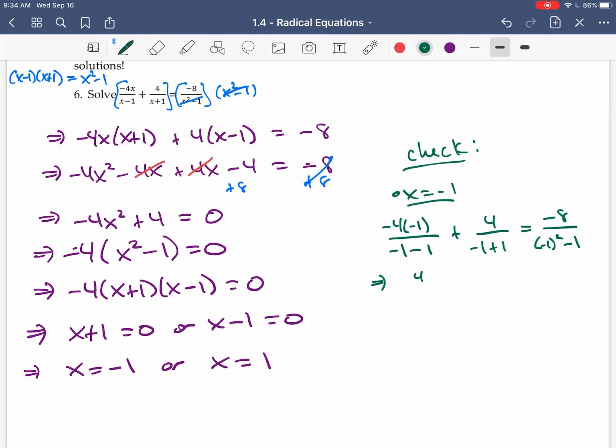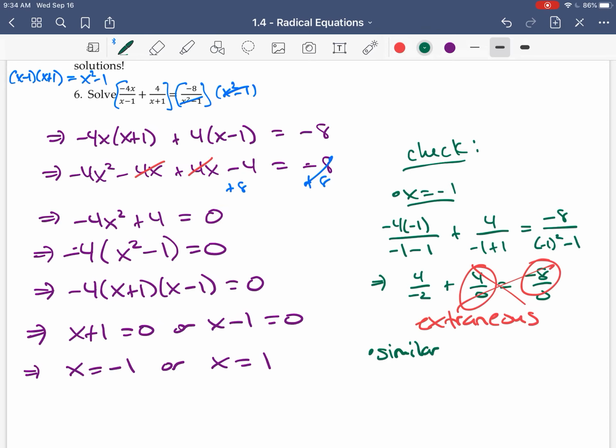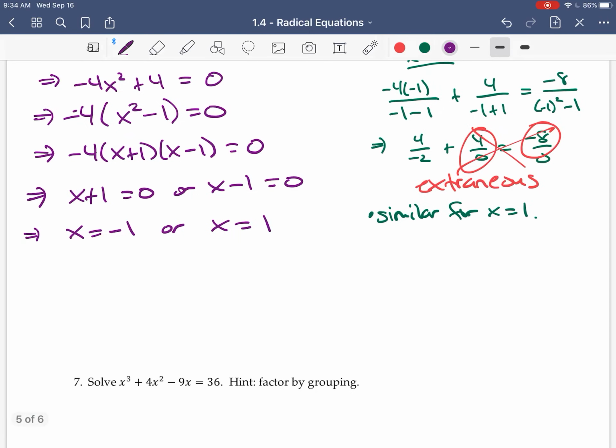So this is 4 over negative 2 plus 4 over 0 equals negative 8 over 0. So these things are bad. This one is extraneous, and it's similar for x equals 1, so I'm going to leave that for you. So this has no solutions because both the possible solutions were extraneous.